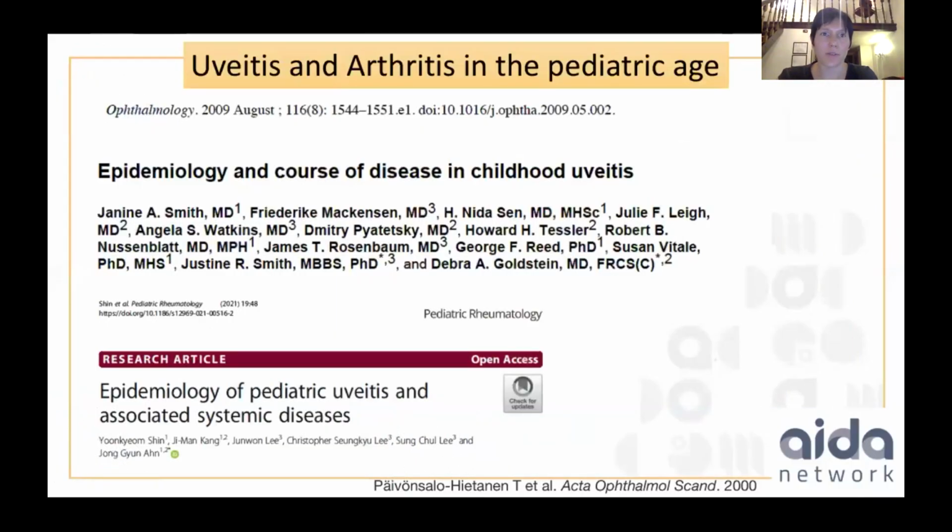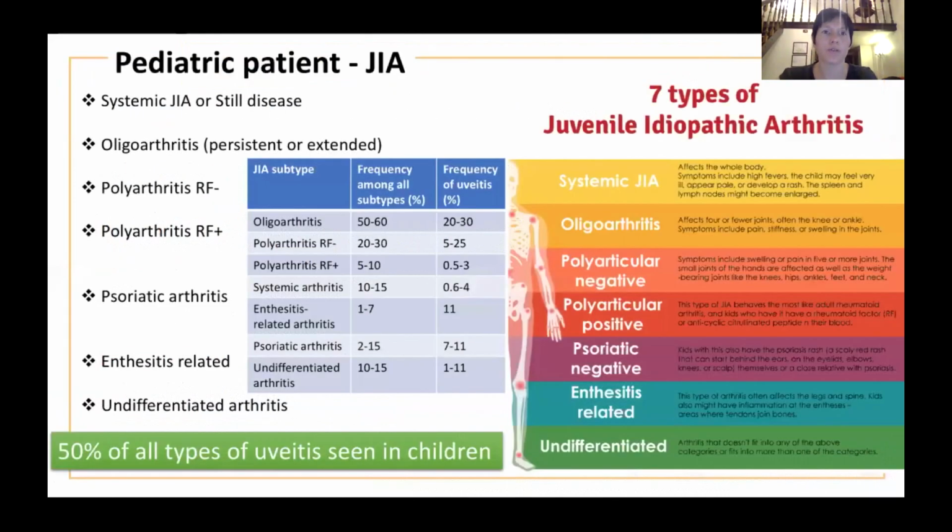Okay, now let's dive into today's topic. Children account for 6% of uveitis cases, with JIA being the leading cause, responsible for up to 50%, and onset peaks between 6 months and 4 years. JIA is arthritis lasting at least 6 weeks in children under 16 years of age.